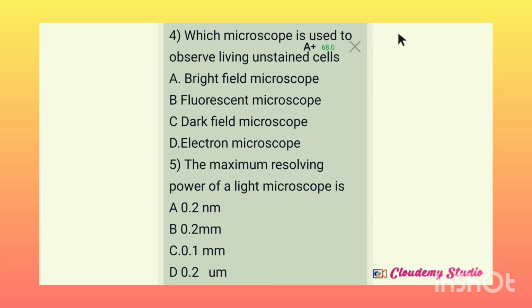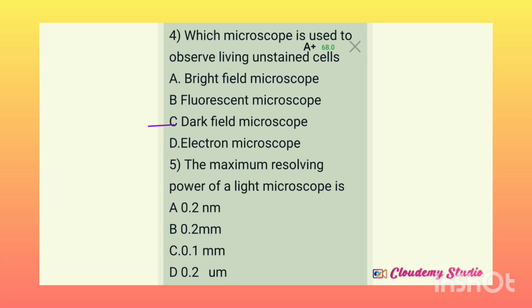Which microscope is used to observe living unstained cells? A option bright field microscope, B fluorescent microscope, C dark field microscope, D electron microscope. The answer to this MCQ is dark field microscope. We know that in a dark field microscope a dark field stop is used, and due to the presence of the dark field stop or opaque disc, only the light refracted by the specimen is transferred towards the objective lens.